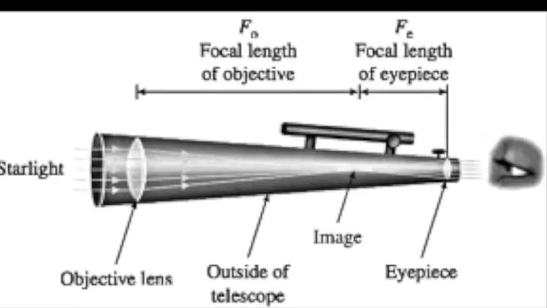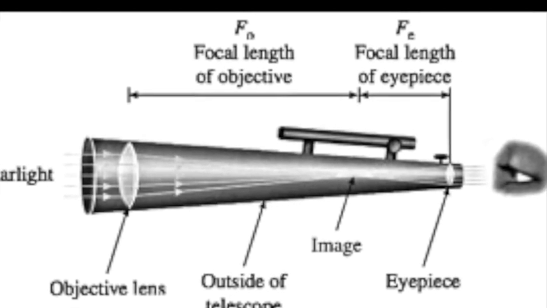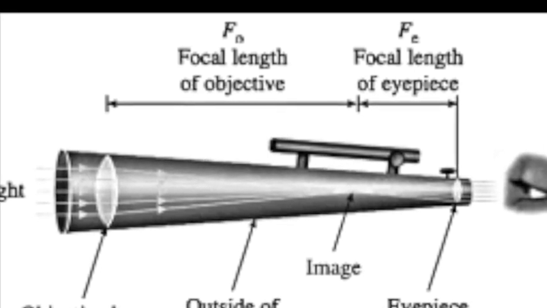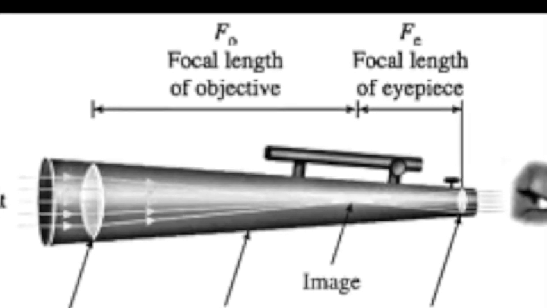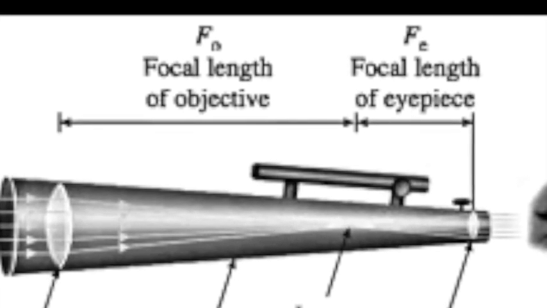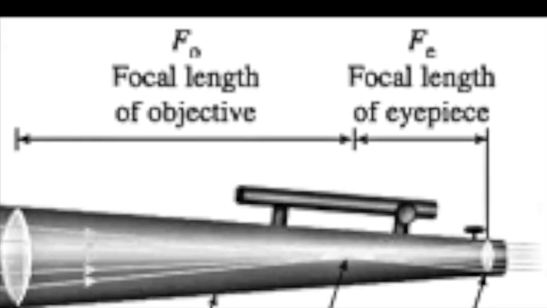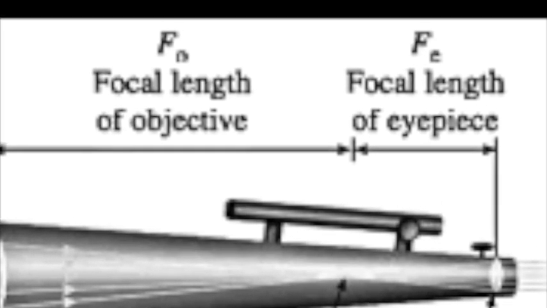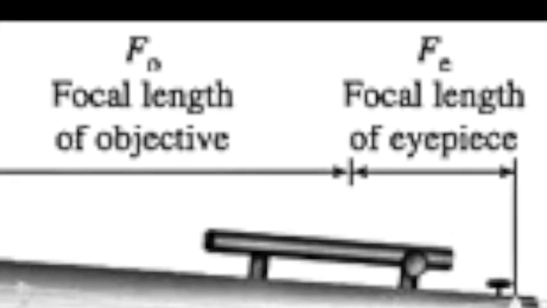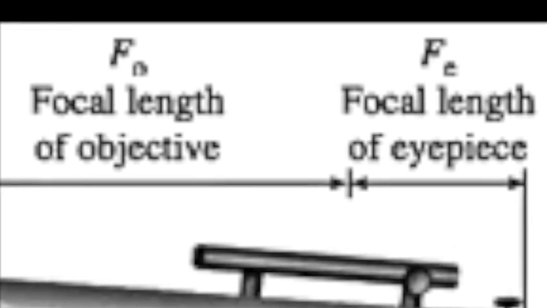Another important feature of a telescope is its magnification. This depends on the ratio of focal lengths of the objective, f subscript O, and eyepiece, f subscript E. So magnification is equal to the focal length of the objective, f subscript O, divided by the focal length of the eyepiece, f subscript E, where the two focal lengths have the same units, of course.